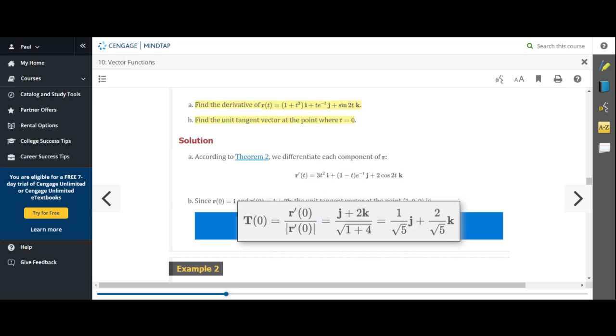So the unit tangent vector at 0 would just be the derivative of the position vector at t equals 0, divided by the length of that vector.